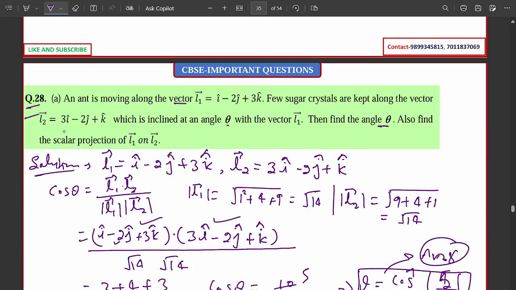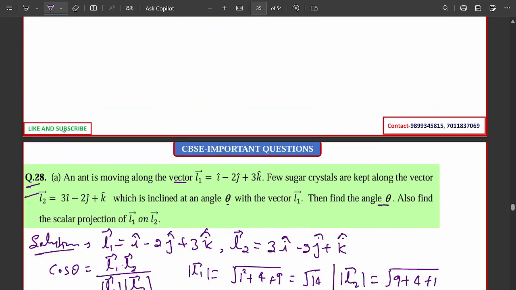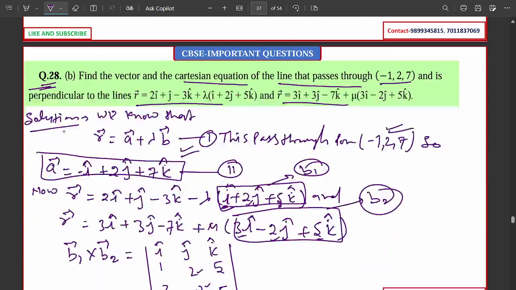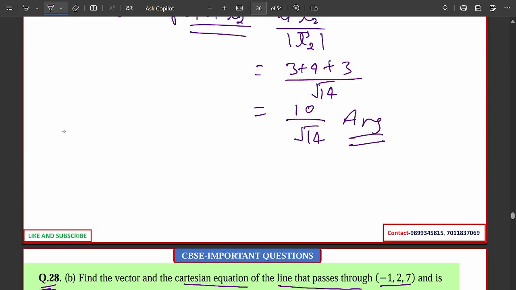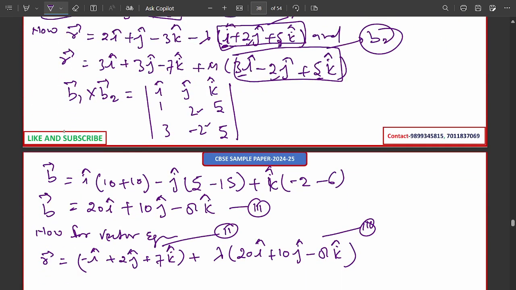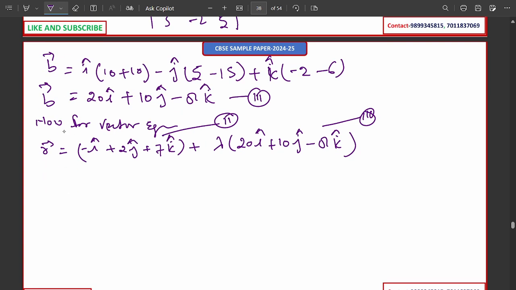So we just put it here. We can write from equations 1, 2 and 3, okay, we can arrange this: minus i unit vector plus 2j unit vector plus 7k unit vector.